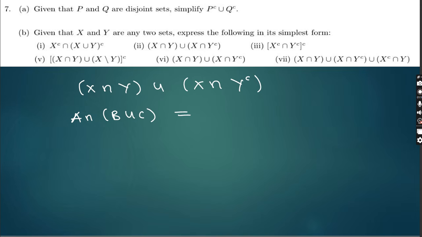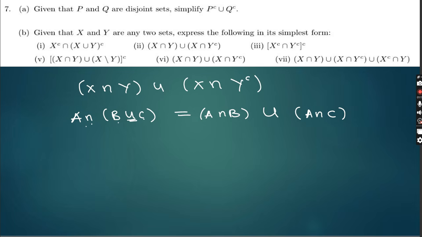This is like multiplication. We multiply A by B and get A intersection B. Then A times C gives A intersection C. In between, we replace the sign with union.